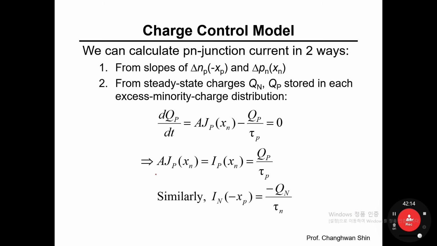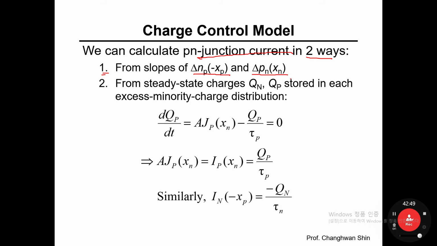Now it's time to build up the charge control model. We can calculate the PN junction current, the diode equation, in two different ways. The very first one is typical and conventional, and we spent many hours deriving the excess electron concentration and excess hole concentration in each quasi-neutral region under forward bias.